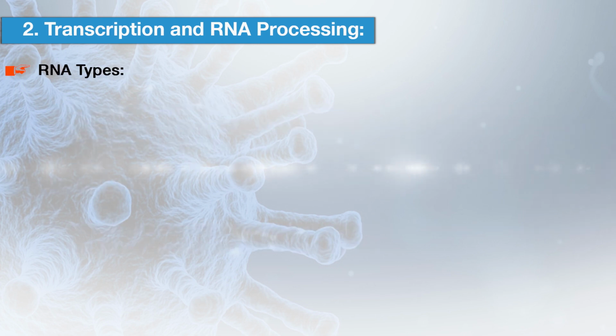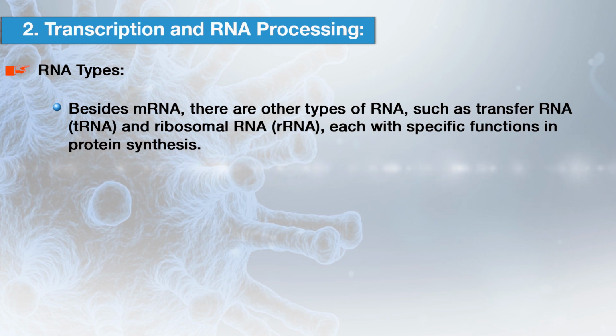RNA types: besides mRNA, there are other types of RNA such as transfer RNA, which we denote by tRNA, and ribosomal RNA, which we denote by rRNA, each with specific functions in protein synthesis.